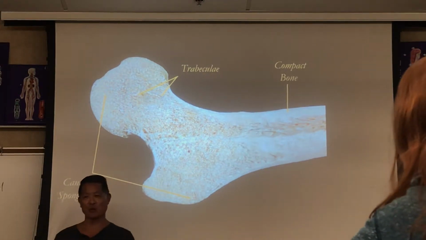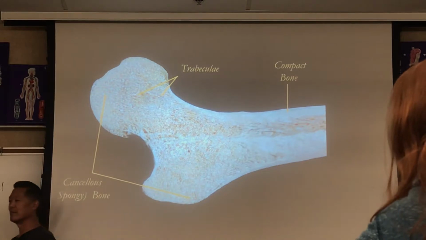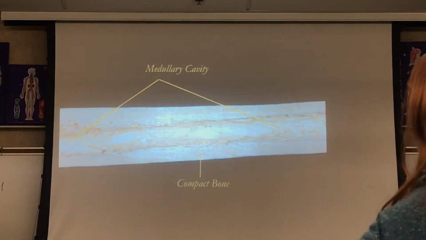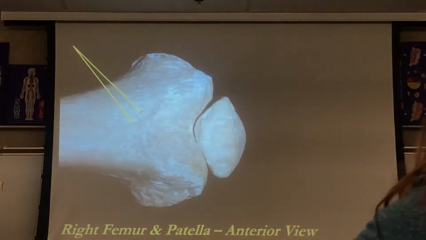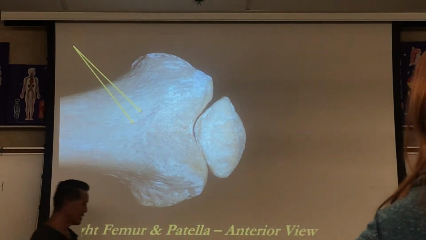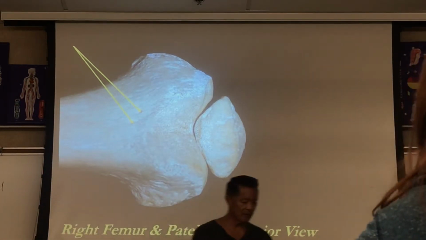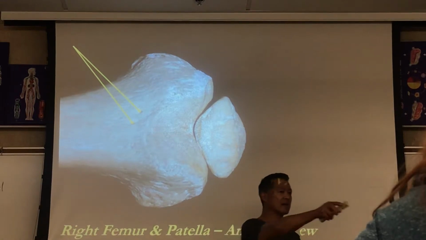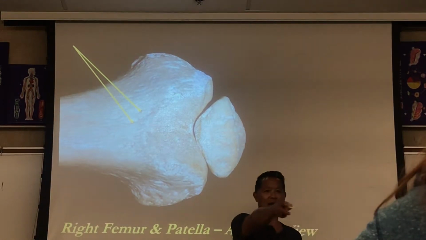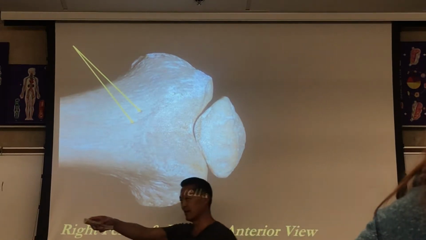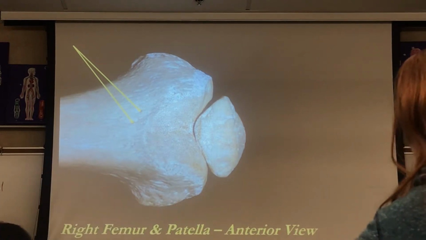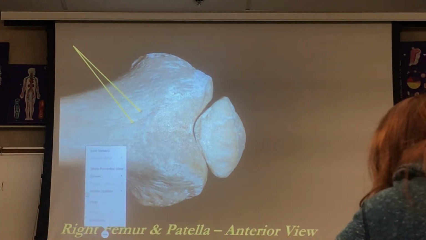Nutrient canals are huge. You can see it from across the room. And there it is right there. Okay? Any questions? Everybody see how the diaphysis is hollow like a pipe? Everybody see that? Now we can go to microscopic bone structures. Any questions on long bone structures?